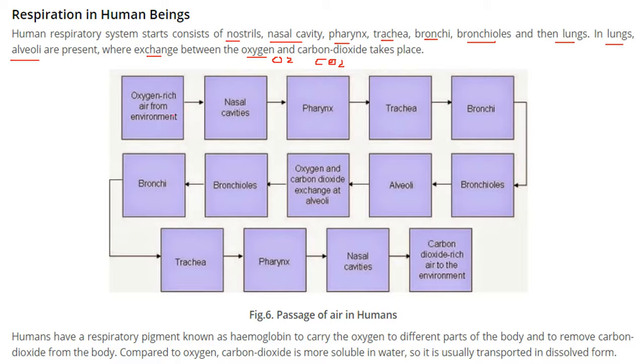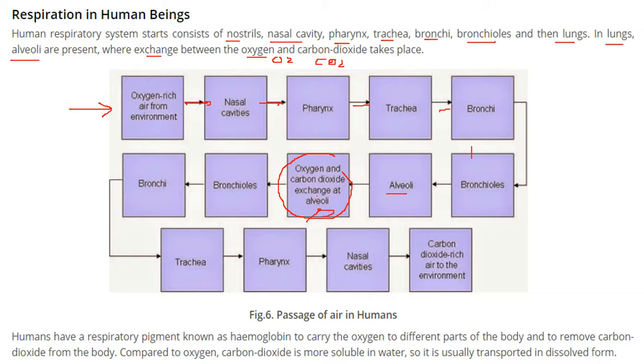So if you want to find out the passage of air in human beings, we get oxygen from oxygen rich air from the environment. It goes to our nasal cavity, then pharynx, then trachea, then bronchi, then bronchioles, then alveoli. And after that, in lungs, the oxygen and carbon dioxide exchange is done at alveoli.